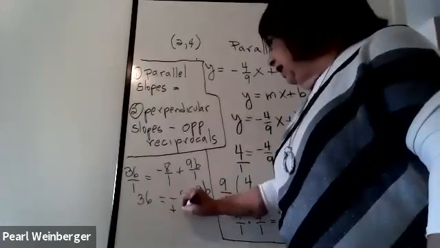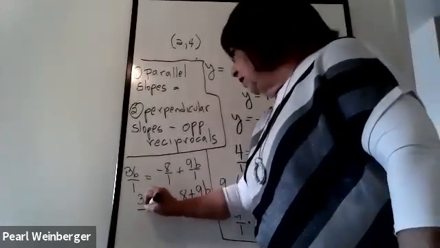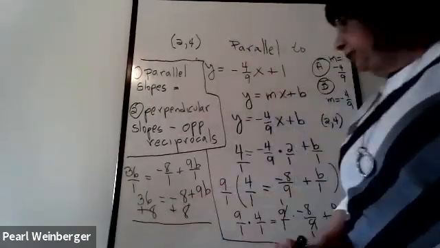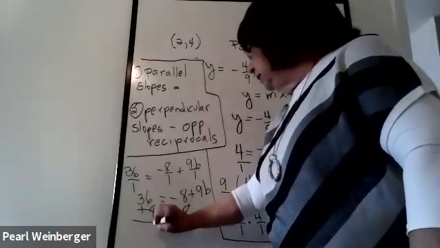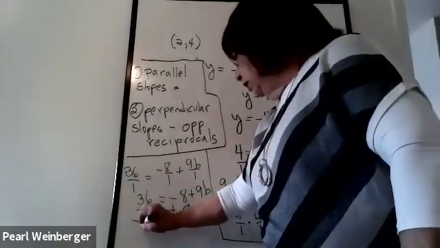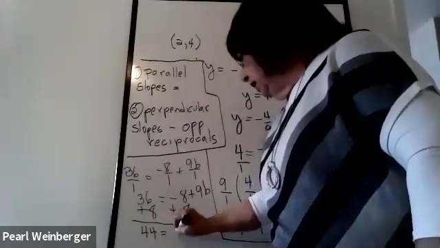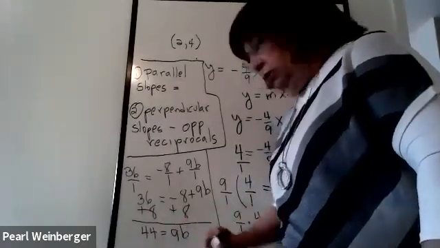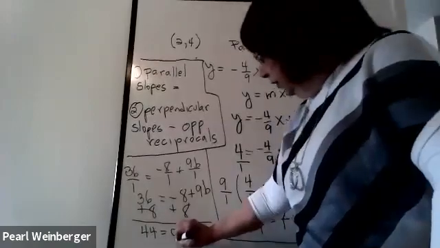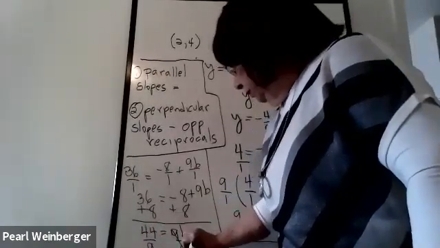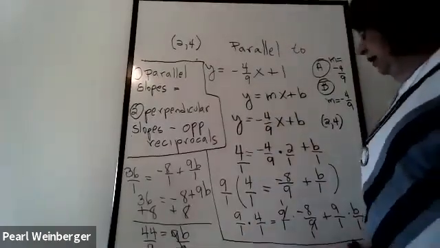We then bring the 8 to the other side. And we get 36 plus 8, which is 44, equals 9b. And if I divide by 9, my b comes out to be 44 over 9.